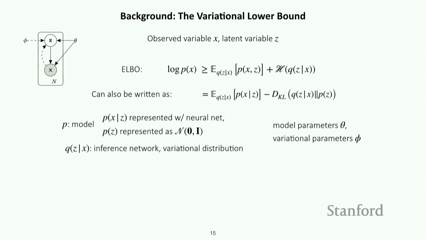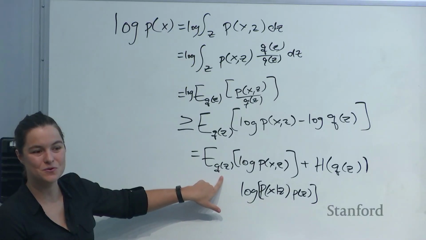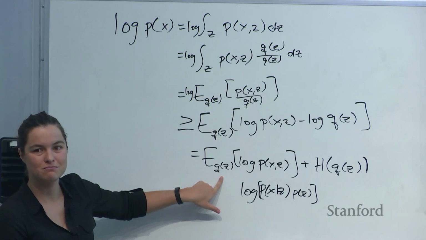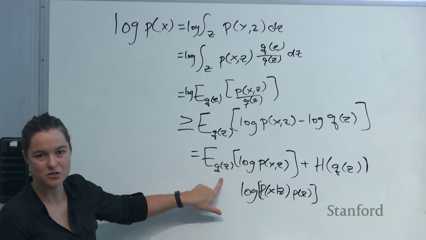OK. So we have an objective. We should be able to optimize it, right? But we have a problem. The problem is that we have an expectation with respect to Q, and we need to be able to backpropagate into this Q distribution. And sampling, unfortunately, is not differentiable.